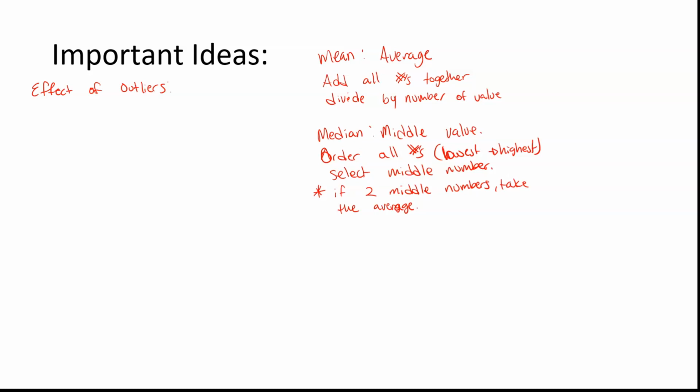We want to talk about how these affect our mean and our median. Outliers are values that are either much smaller or larger than our other values.